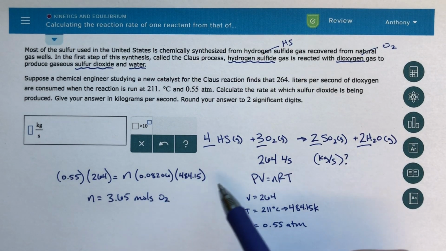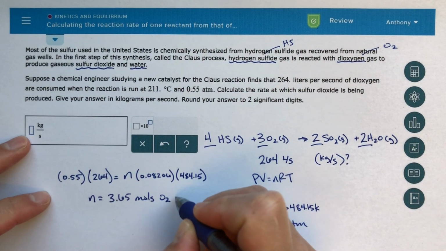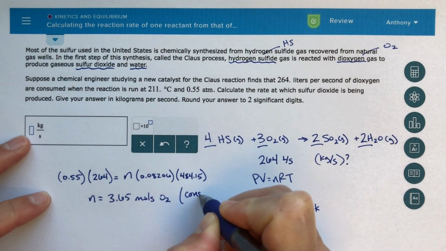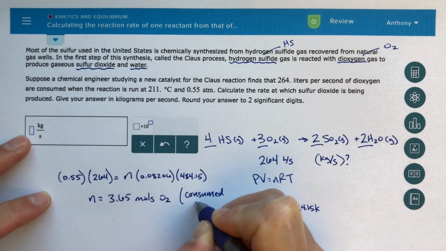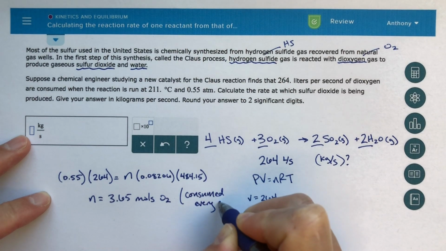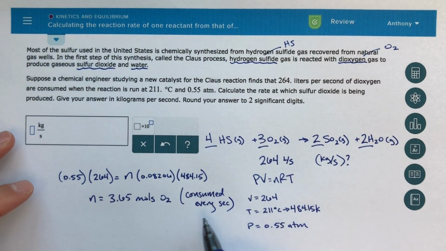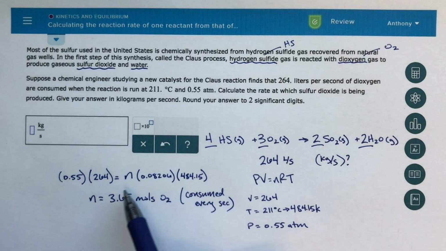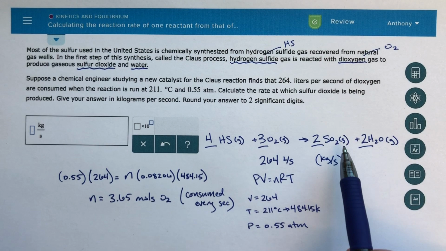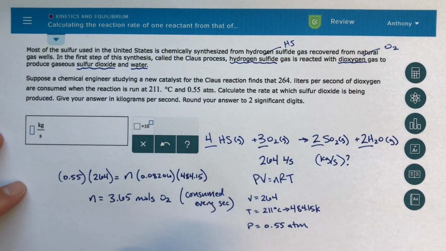So this is the number of moles of O2, and maybe we'll annotate this: consumed every second, right? That's from this information here. Now we need to relate this rate of consumption of O2 to the rate of production of SO2, and that's just a multiple ratio.